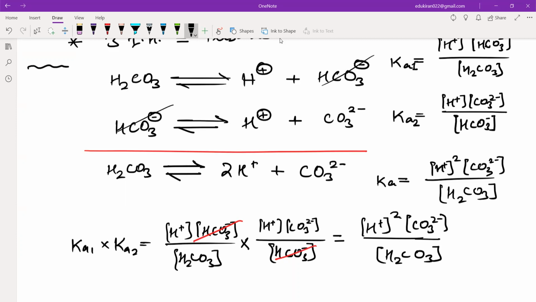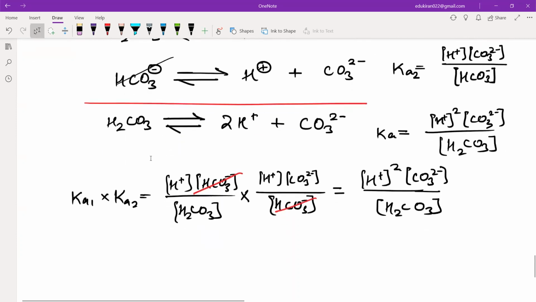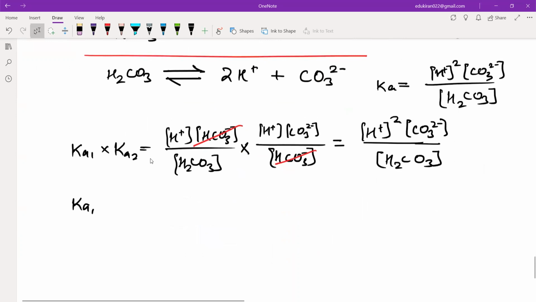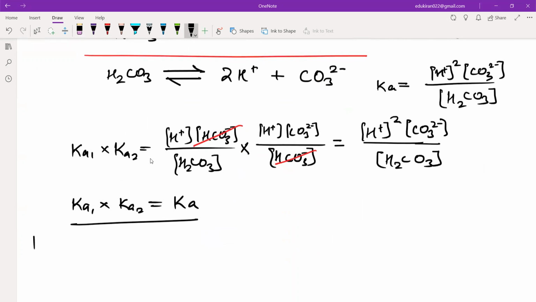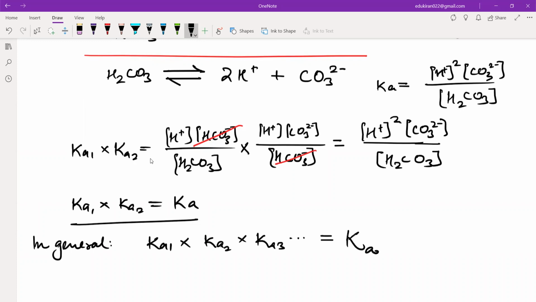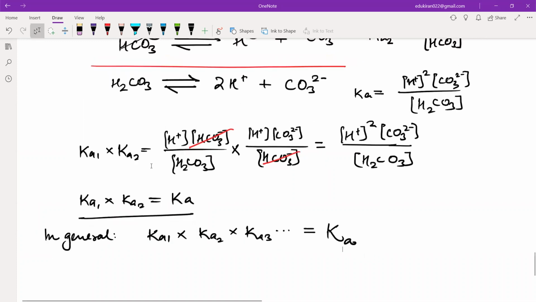So for H2CO3 I can say that Ka1 into Ka2 is equal to the original Ka, that is the ionization constant. In general, Ka1 into Ka2 into Ka3 and so on is equal to the dissociation constant of the acid.